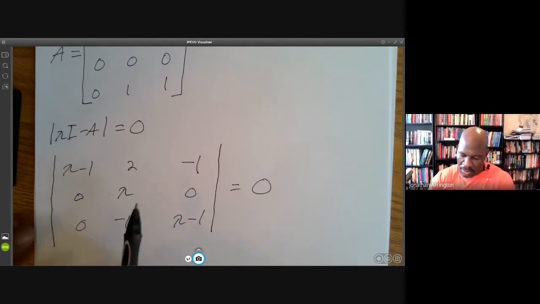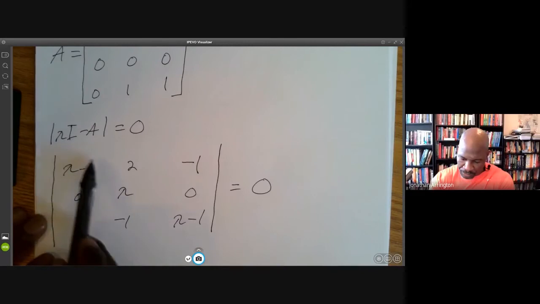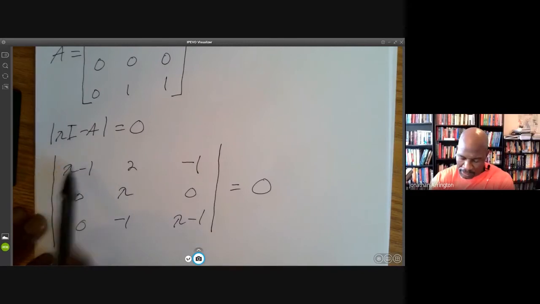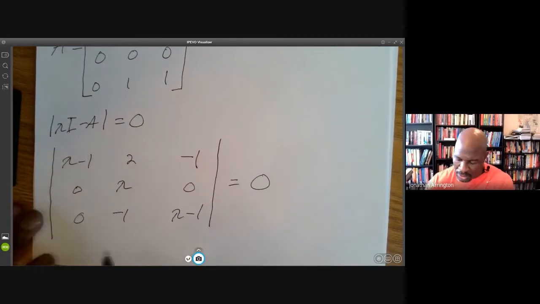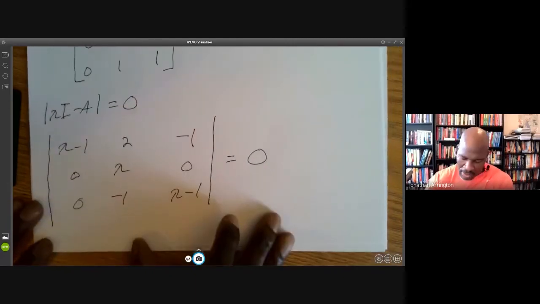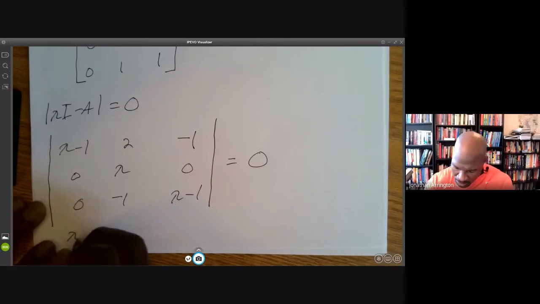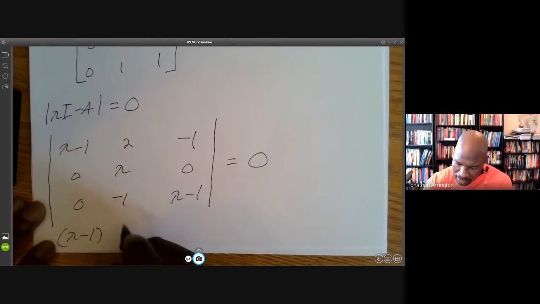So to find the determinant of this, this would be lambda times 1 times lambda minus 1, and then minus 0. So let's write that. We'll have lambda minus 1 times lambda minus 1.